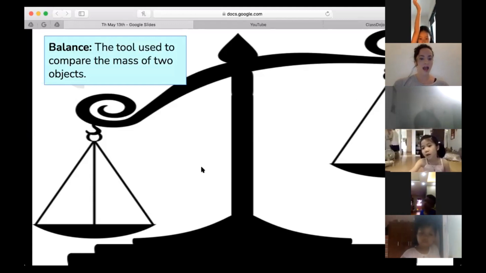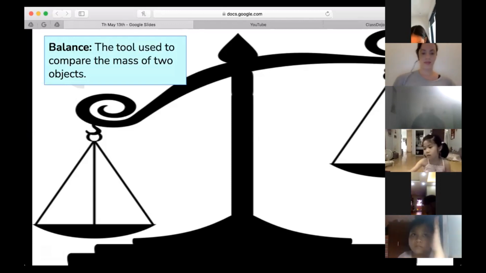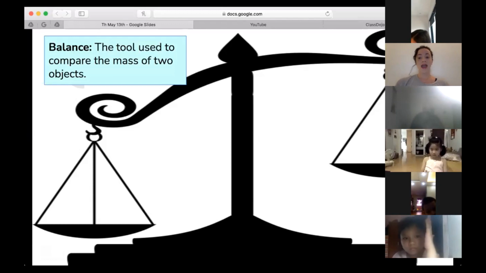How about Pasta? Go ahead. Do you think this balance could tell us how many kilograms something weighs? Maybe yes. Depends. Maybe. Do you see a place here for any numbers that could tell you how heavy it is? No, but we can.